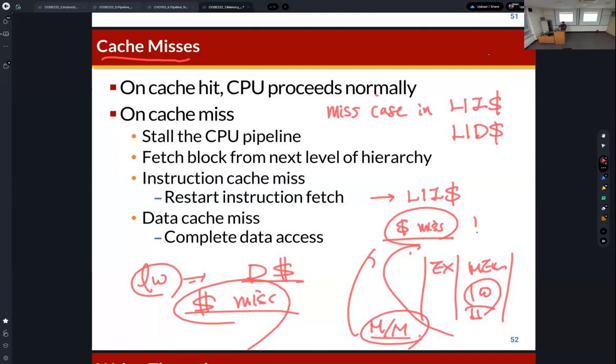Then all the pipeline stages are stalled, because the load word is here, so the following instructions cannot be executed. It is stalled until the data is transferred to the data cache. So when a cache miss happens, the pipeline is stalled. That's why cache performance is very, very critical for the performance of a computer system or processor.